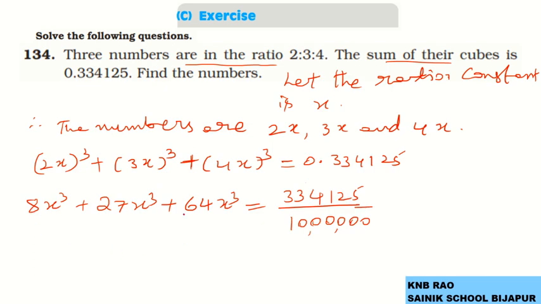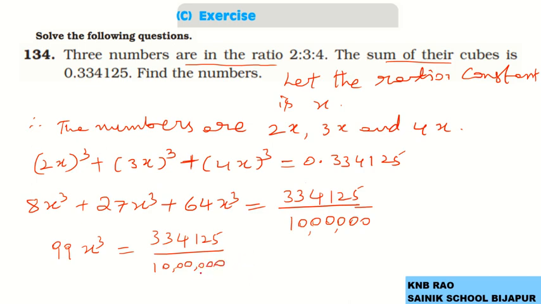Now the sum of 8 plus 27 is 35, 35 plus 64 gives you 99. So 99x³ equals 334125 upon 10 lakh.